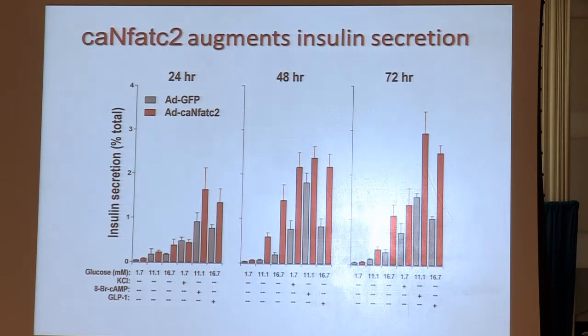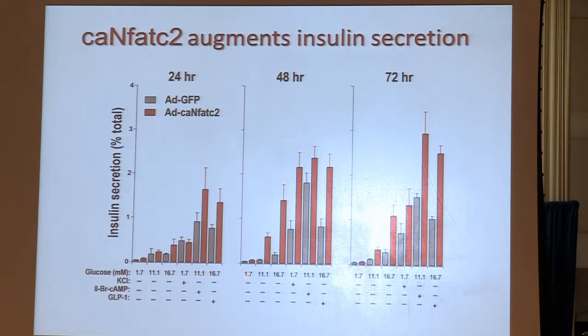So we were very pleased to see that when we overexpress constitutively active NFAT-C2, shown by the red bars, and if you can just focus on the 48 hours here, essentially every red bar is higher than the gray bar for these conditions that we tested.